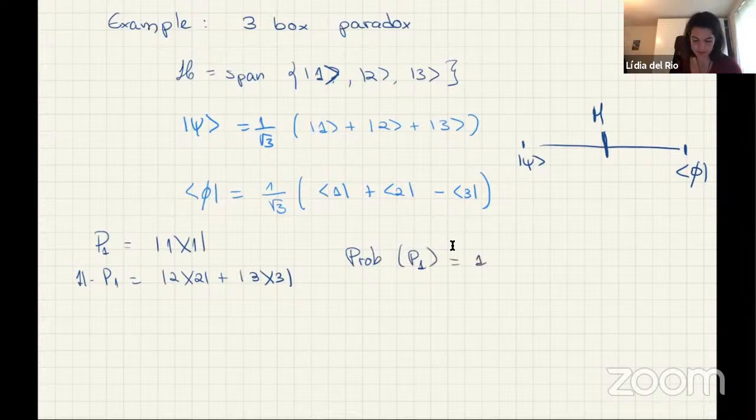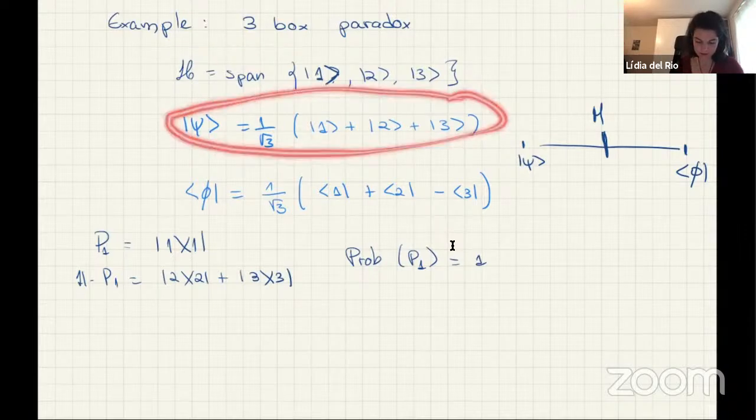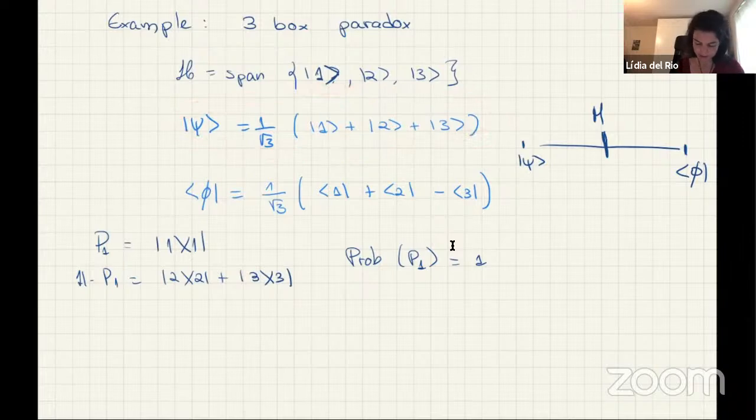And you can compute it directly by just doing these overlaps with this state. So this is just the overlap with psi, and okay.